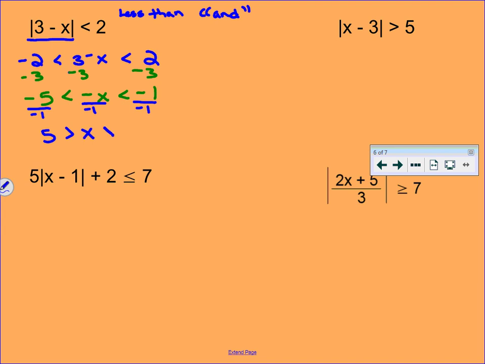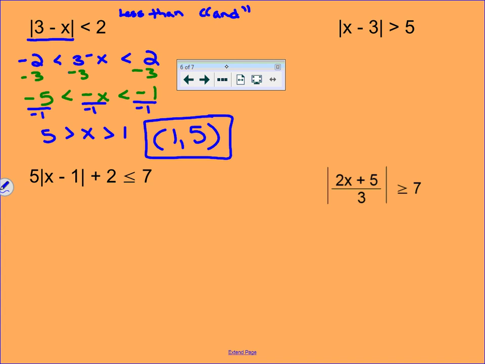I have an x, and then I have a 1 all the way through. So if we read this, it says 5 is bigger than x, but then x is bigger than 1. So our final answer for this part is all of the values between 1 and 5. And notice there is no equal to, so that means we have parentheses. Okay, we found all the values that would make this inequality true.